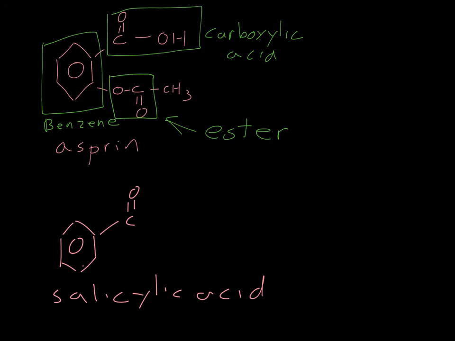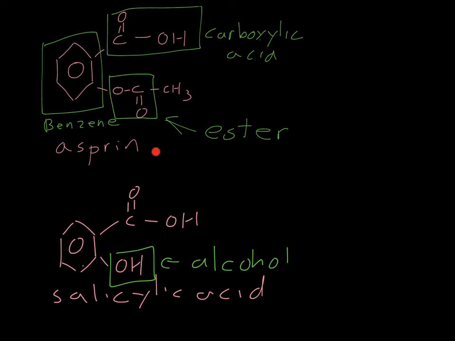Salicylic acid has this structure. What's the difference between the two structures? Well, if we look at salicylic acid, it has an alcohol group. That alcohol group is missing on aspirin.